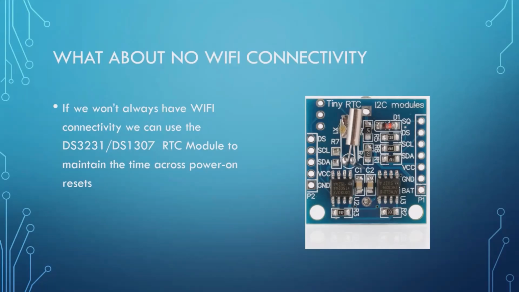It works over the same I2C serial interface as our SI5351 and the OLED display does. So we can just daisy chain it to the rest of them, and then we can set the time.